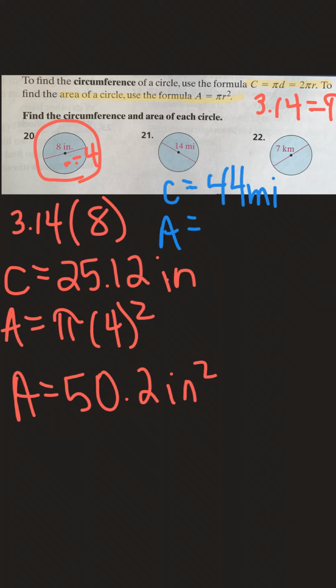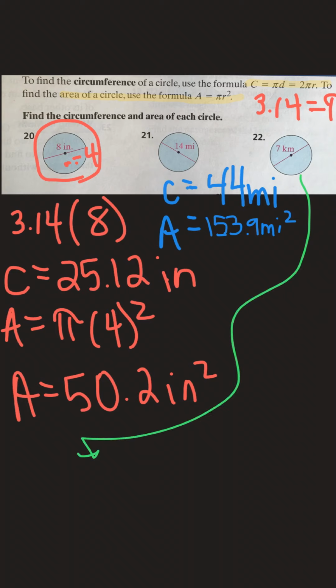Times pi is going to equal 153.9 miles squared.